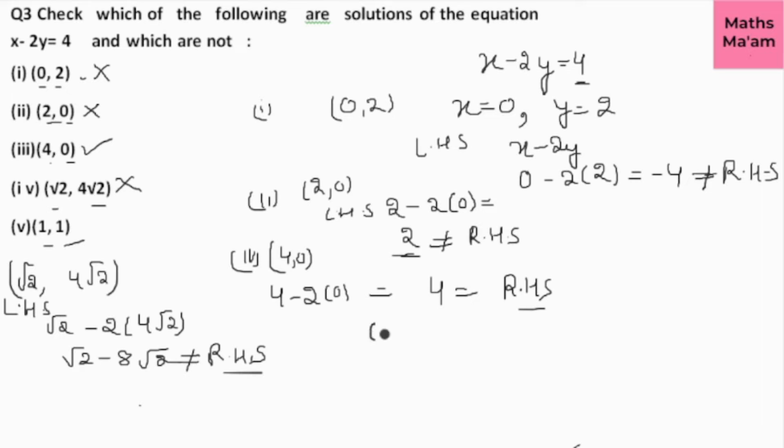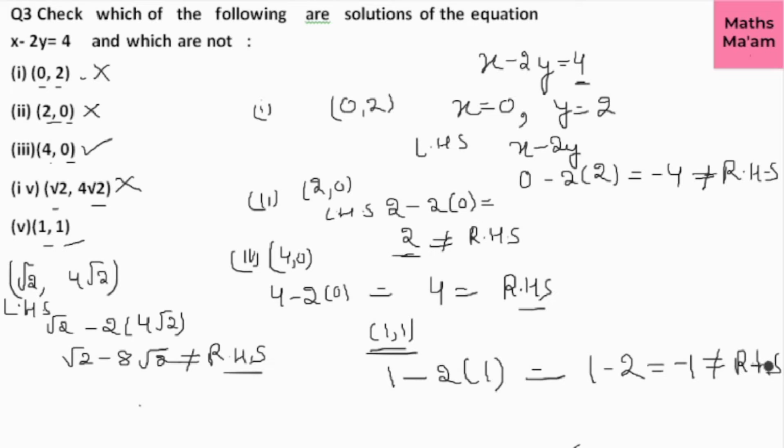Now the last one is 1 1. If we put x as 1 minus 2 times 1, then we get 1 minus 2, which is not equal to 4. So this is also not the solution of this equation, right? So we can say that only one solution is there for this equation, 4 and 0. Like this we have to do every question.